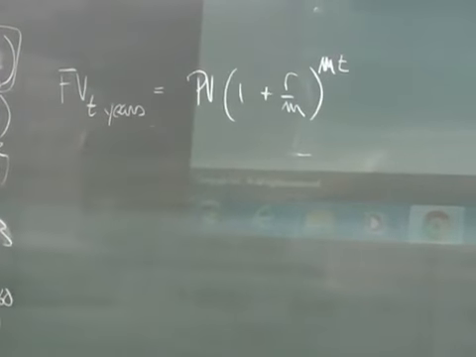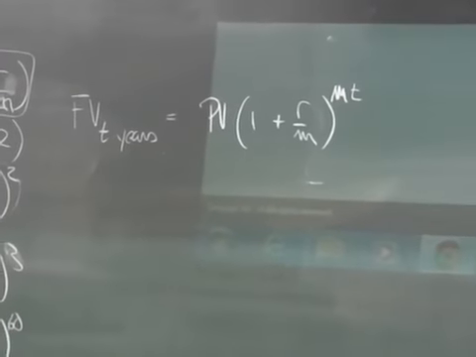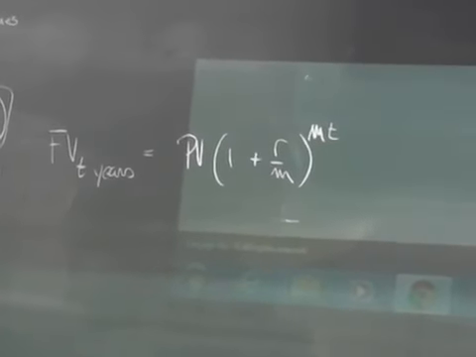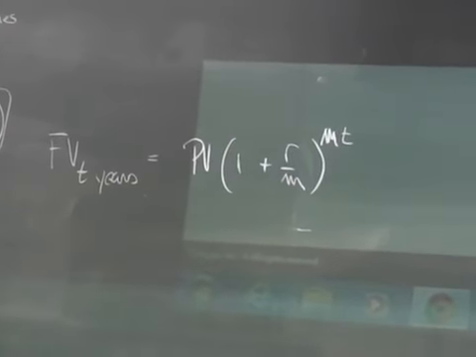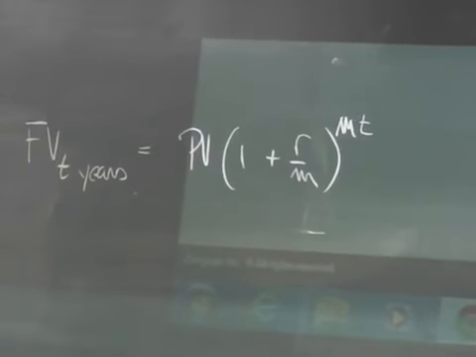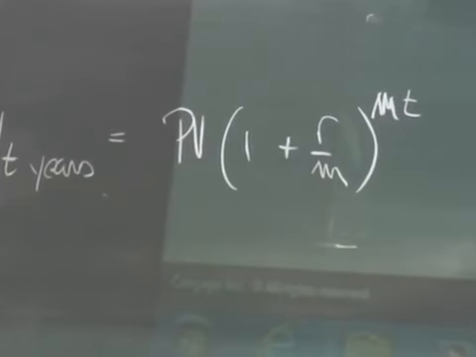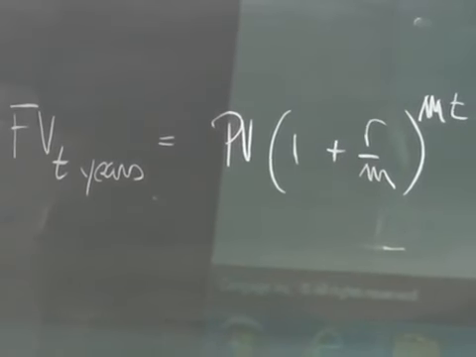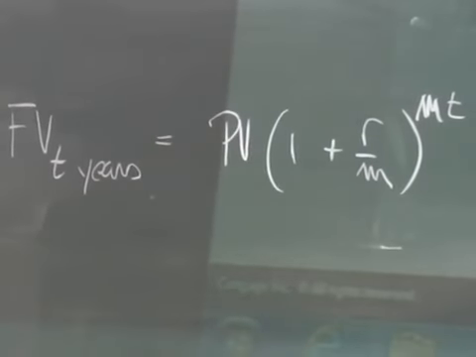Okay? So what's that? That's the formula for compound interest, where you can compound more than once per year, like M times per year, and T stands for the number of years. R stands for, again, what? What does R stand for? The rate per year, right?